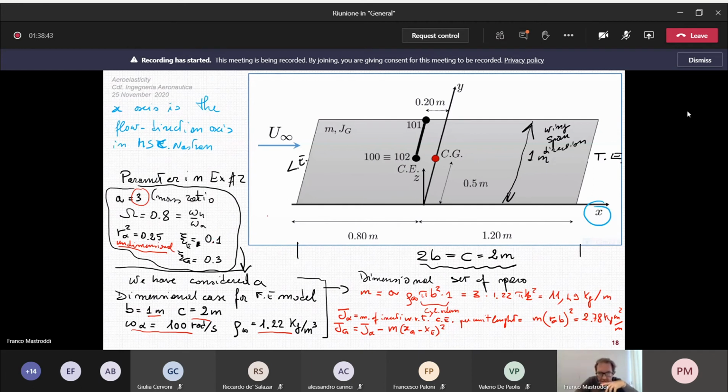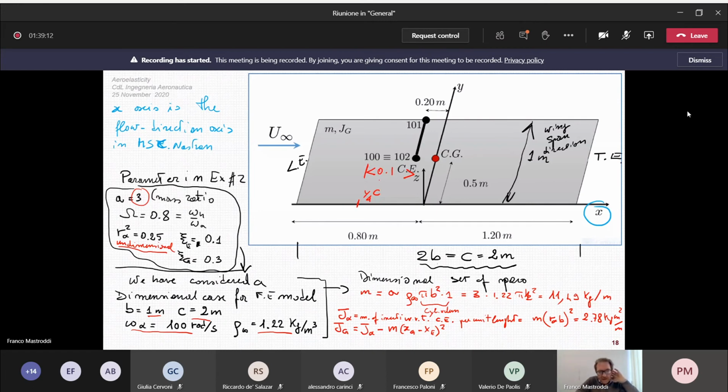So this means that the distance between the 1/4 chord, which is 1/2 b, and the elastic center is 0.1.